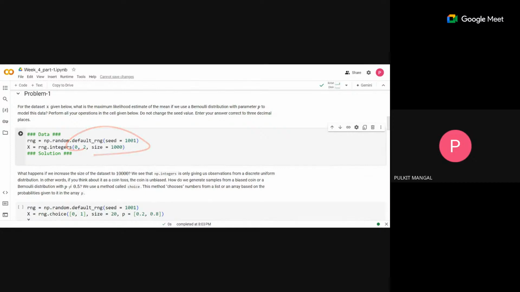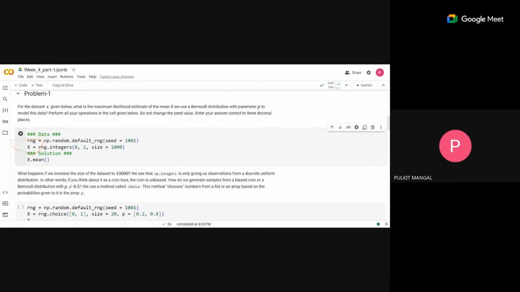How do you find the mean of a NumPy array? np.mean, yes, you can use that, or directly take the array for which you want the mean and do x.mean, because x is the NumPy array.